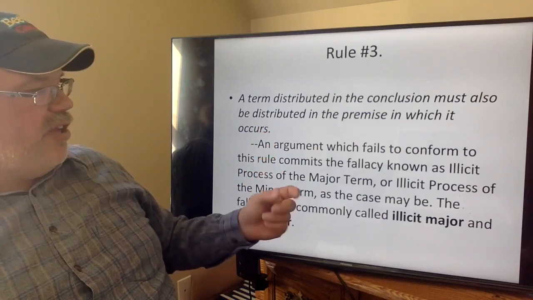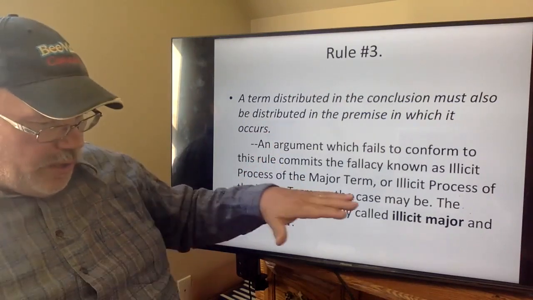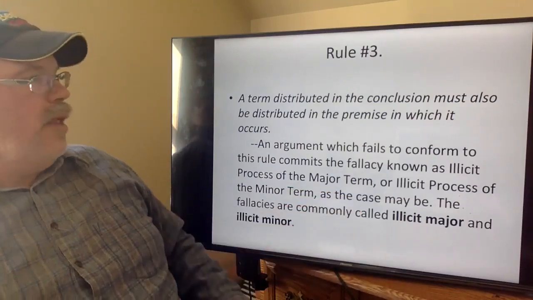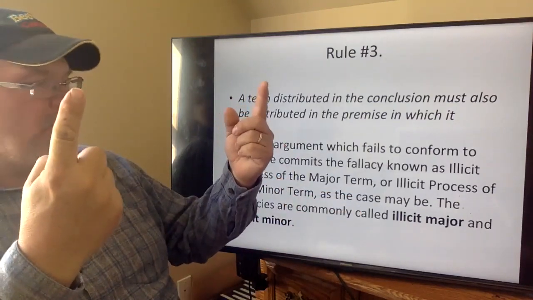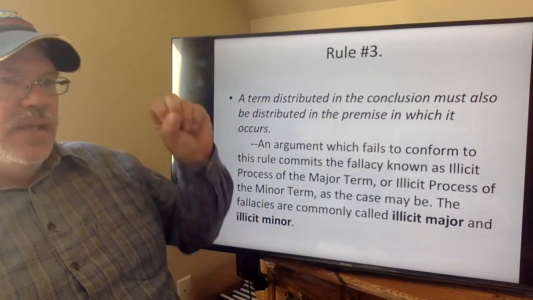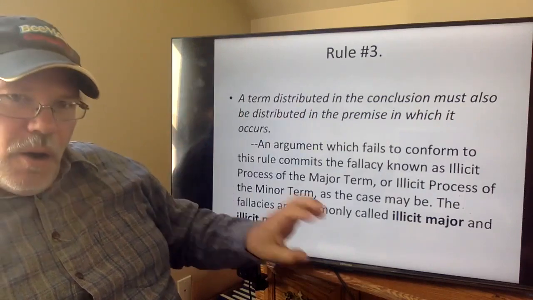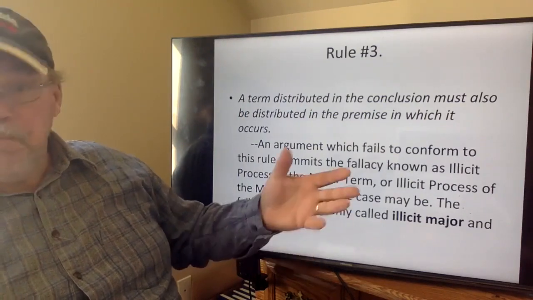So if you have it, whether it be the subject or the predicate of the conclusion, then you've got to look upstairs in the premises to see, is it also distributed there? You can't talk about some in the premise and then talk about all in the conclusion.